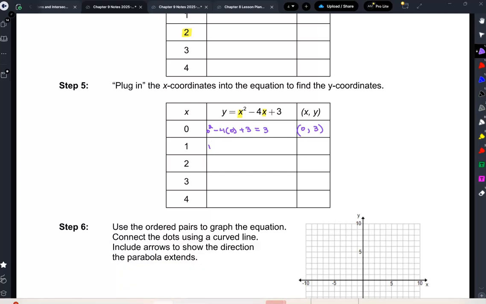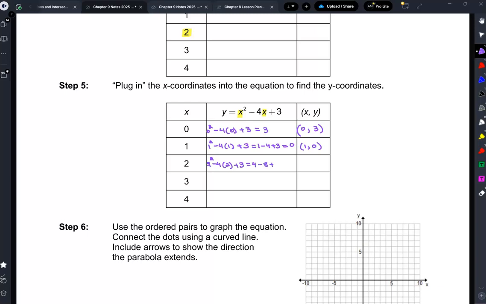No, x is 0, y is 3. Oh, yeah. So 1 squared minus 4 times 1 plus 3. That's 1 minus 4 plus 3, 0. So I get 1 comma 0. Okay? Now plug in the 2. 2 squared minus 4 times 2 plus 3.